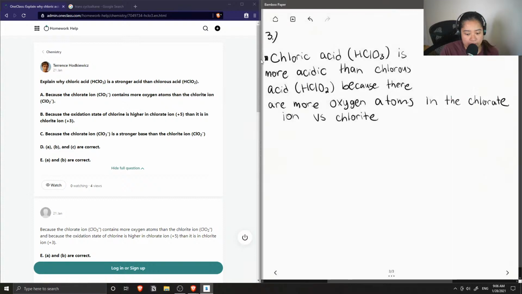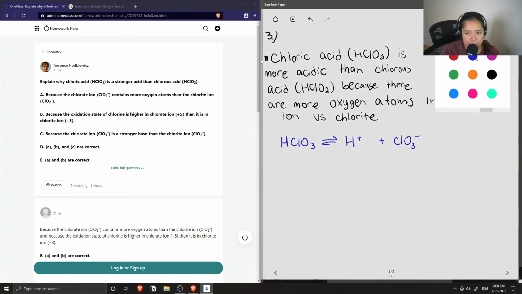Okay, so I'm going to show what happens when we have chloric acid and it dissociates to H plus and chlorate. And then I'll just label it.